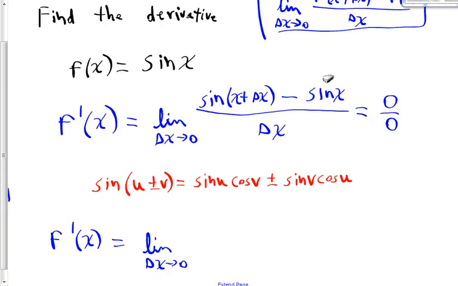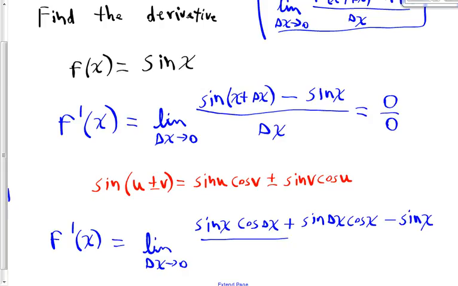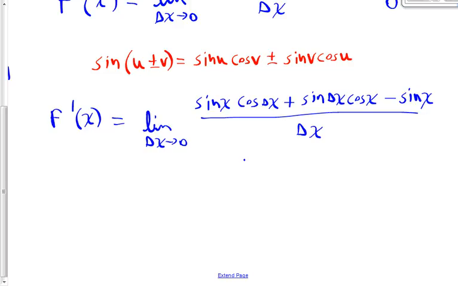And I will get the sine of x times the cosine of delta x plus the sine of delta x times the cosine of x, and this is minus the sine of x, all divided by delta x. All right, great. So we have this expression now.